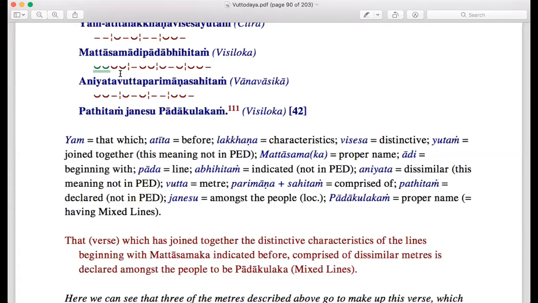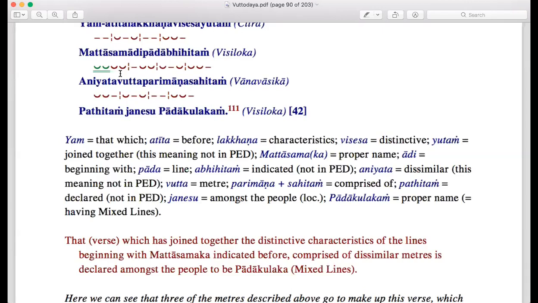Patita means something which is famous. Here it is translated as declared, so that's also okay. But in Nigandhu Abhidhana Pradipika, patita is a synonym for pakata, famous. So amongst the people, this verse is famous, declared as Pādakulaka verse.